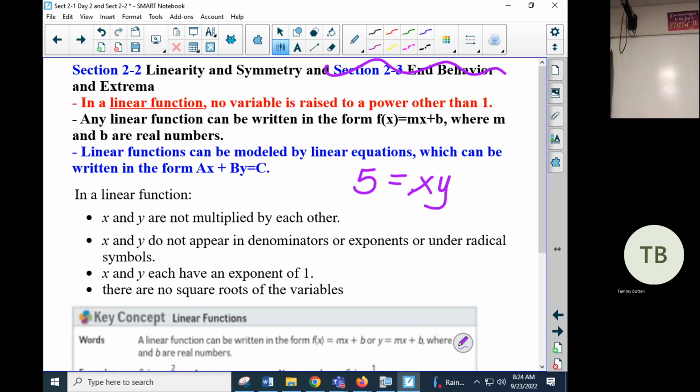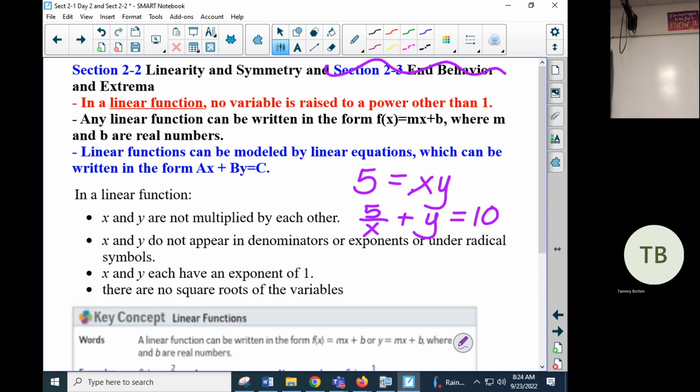They can't be multiplied by each other, so this would not be a function. The other thing is you can't have an x or a y in the denominator. So let's say that you had 5 over x plus y equals 10. That would not be a function because it has a variable in the denominator.